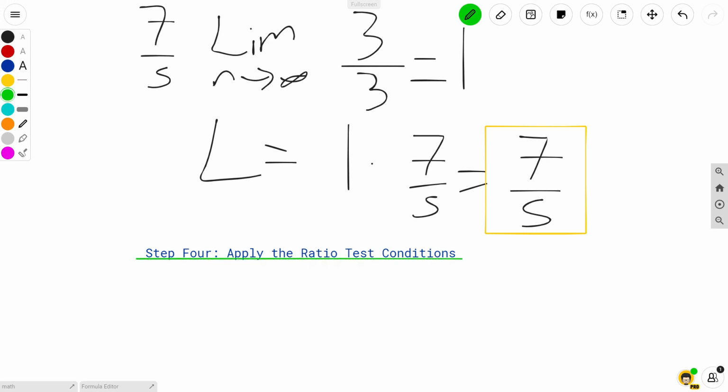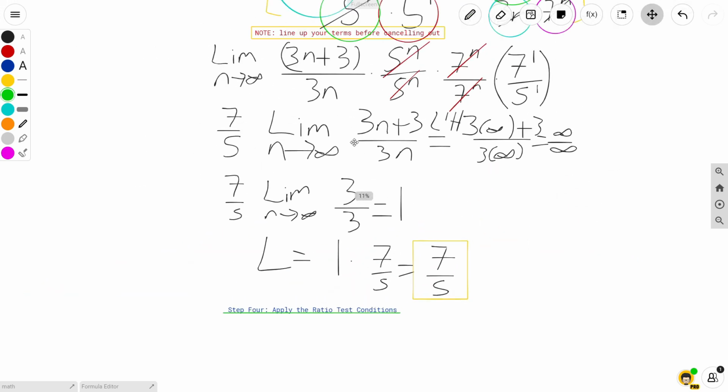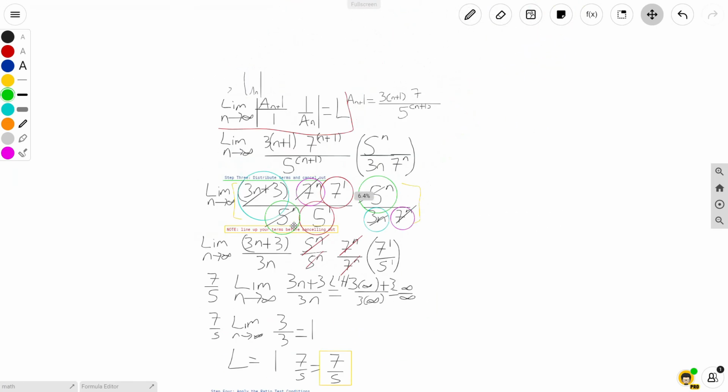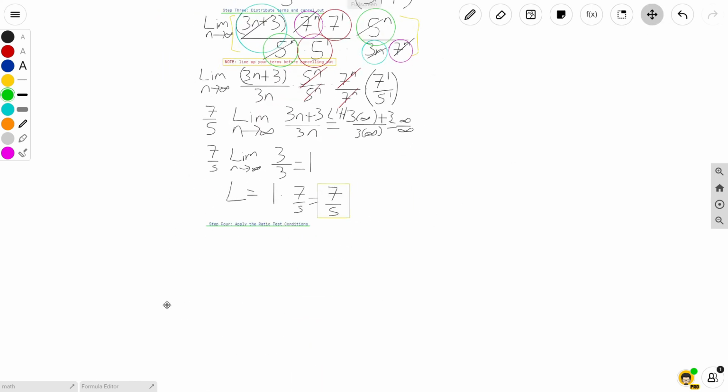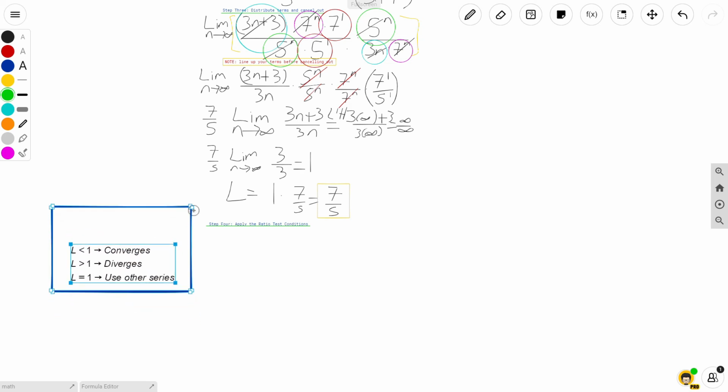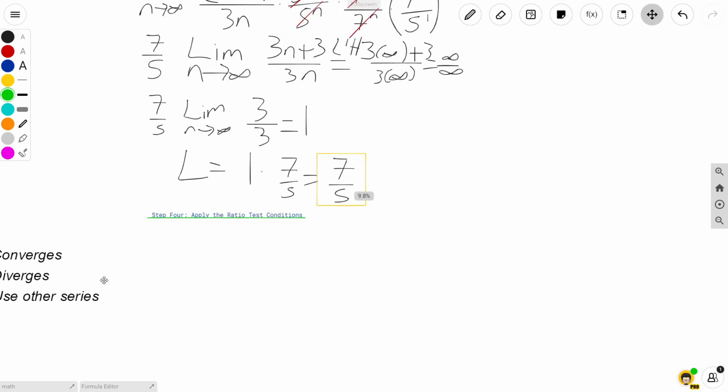The conditions I already have, so all we need to do is get them by scrolling up, or if you have them on your paper, that's good too. So copy, and these right here are the 3 conditions.